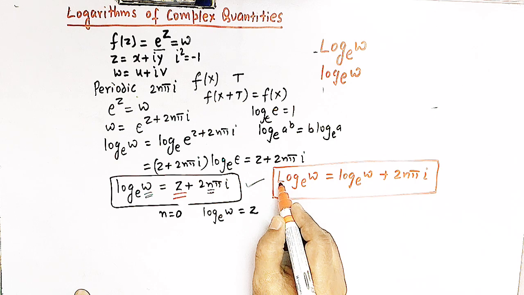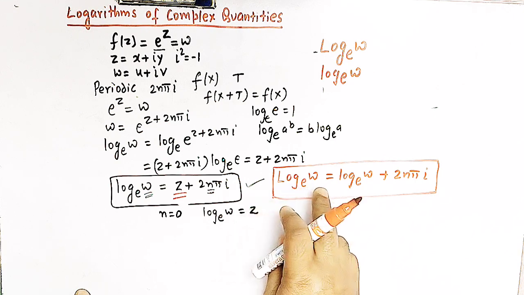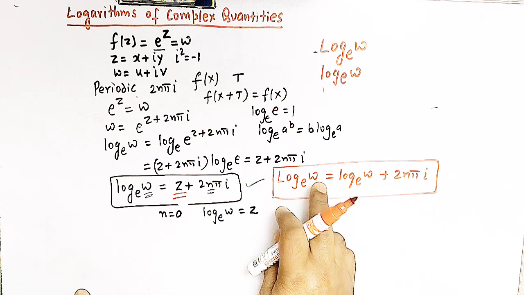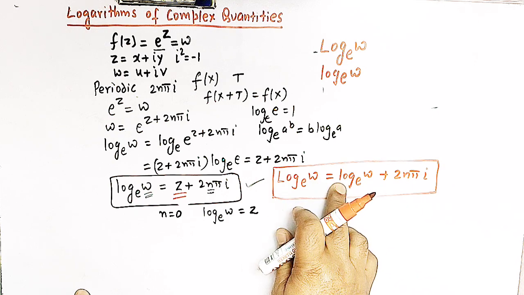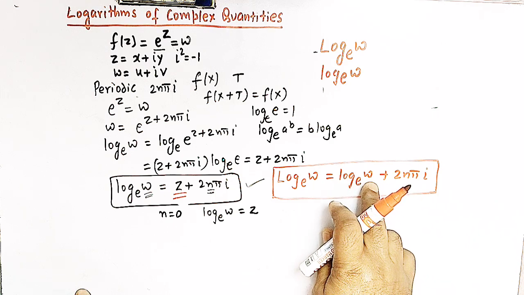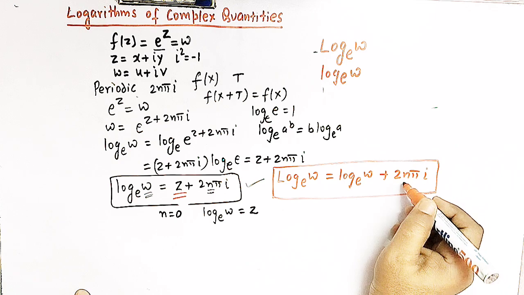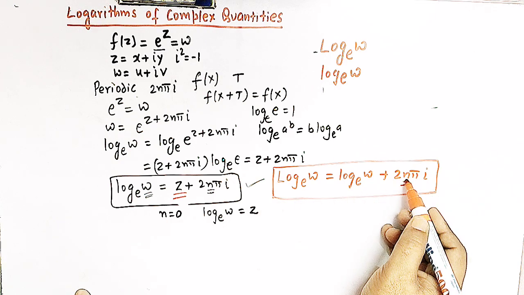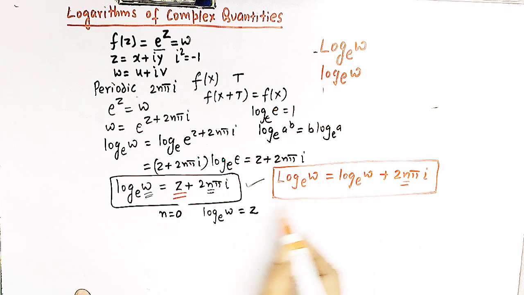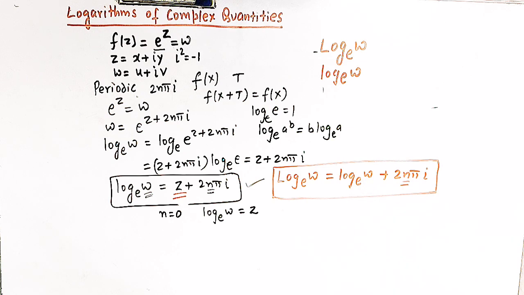Here the capital L denotes the general value of the logarithm of the complex quantity w, and the small l denotes the principal value of the logarithm of this complex quantity w. Once we put n equal to 0, we obtain the principal value of the logarithm of w.